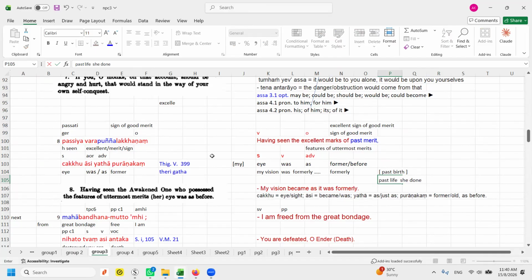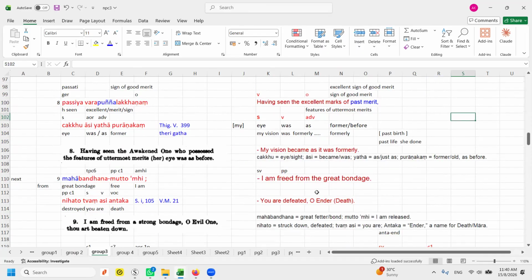I don't know which monk or which nun is talking about, until you go and check the details. So what we do is my vision becomes as it was formerly. Wow, this is bit hard to figure out what it's trying to imply. But anyway, this is translated.